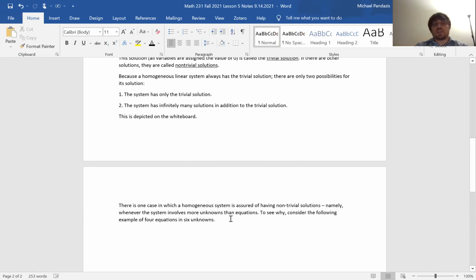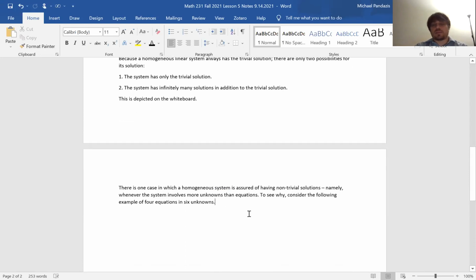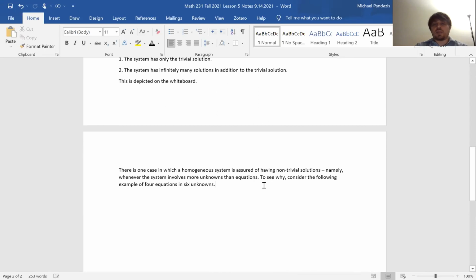Namely, whenever the system involves more unknowns than equations. To see why, consider the following example of 4 equations and 6 unknowns. So this example is going to be done on the whiteboard. Okay, so let's go to the whiteboard.